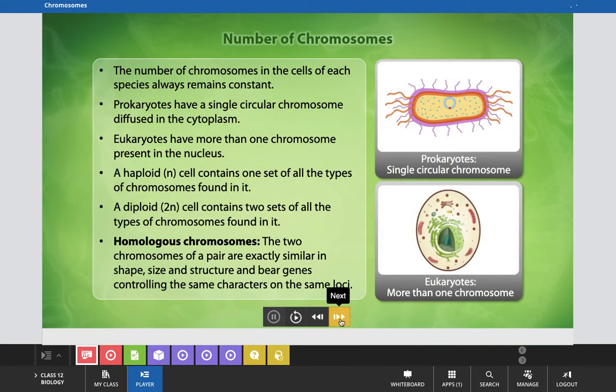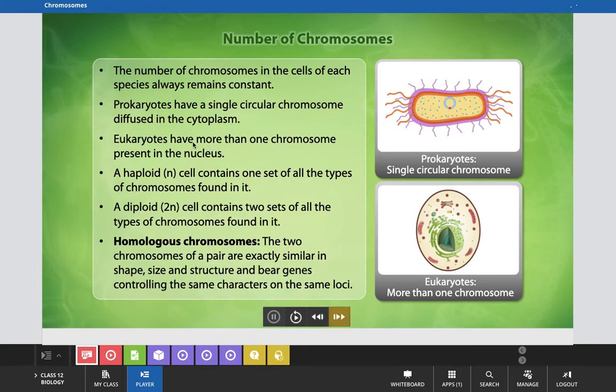Now let's have a look at the number of chromosomes. The number of chromosomes in cells of each species always remains constant. In earlier classes we also discussed that there is a specific chromosome number for each and every species. Prokaryotes have a single circular chromosome diffused in the cytoplasm in the nucleoid region, which you can see here in a bacterial cell, and there is an extrachromosomal ring-like structure known as a plasmid, which we will talk about in biotechnology.